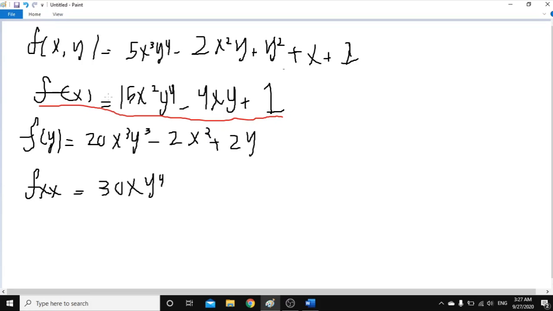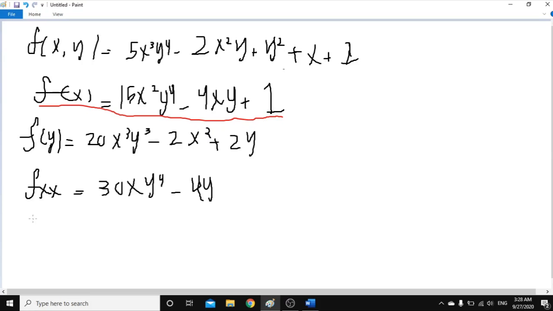And then minus 4x here, the derivative of x is 1, so what's left is minus 4y.